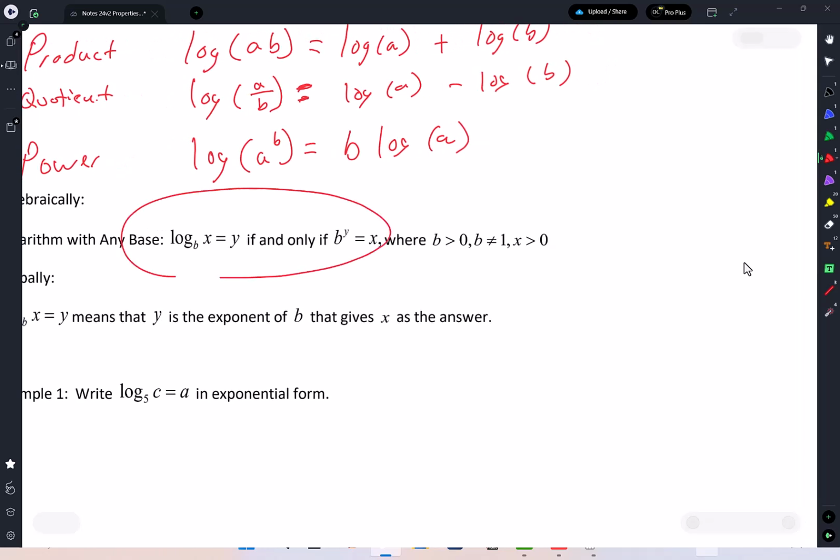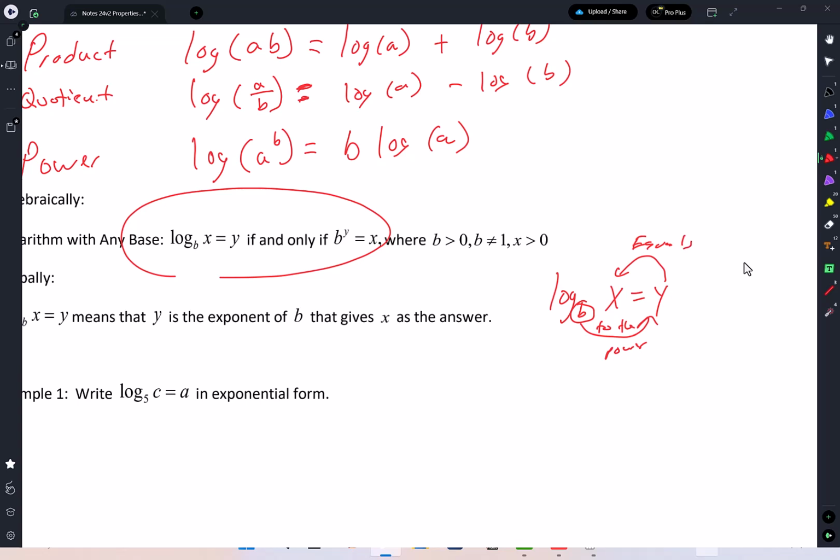All this means, if you want to go from a log to an exponential, I'm going to write the same thing. Log base b of x equals y. Start at the base. The base is always this guy right there. Base to the power of y equals x.